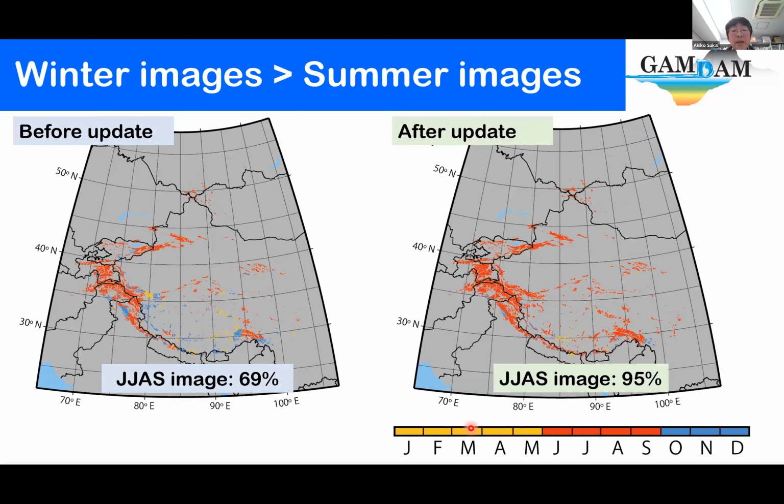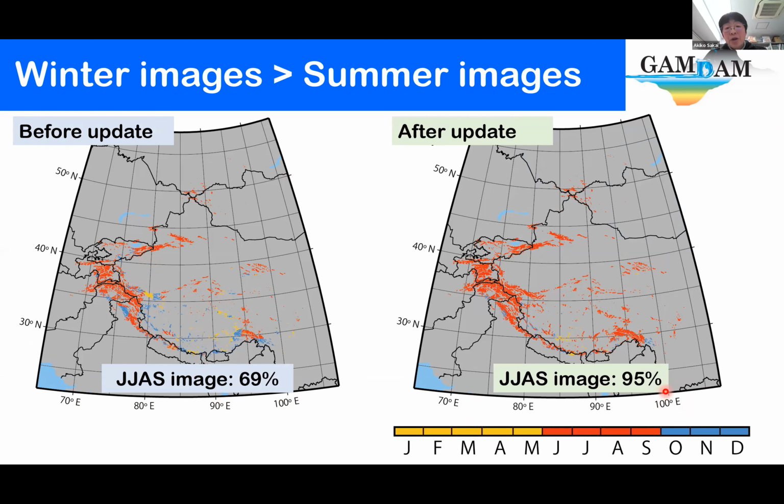In this figure, color indicates the acquired season of Landsat images used to delineate. Red indicates summer images. Before the update, we used summer images for about 70% of glacier area. But after updating, I used 95%.